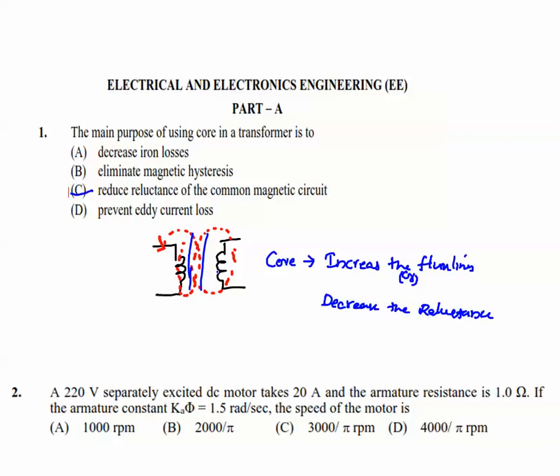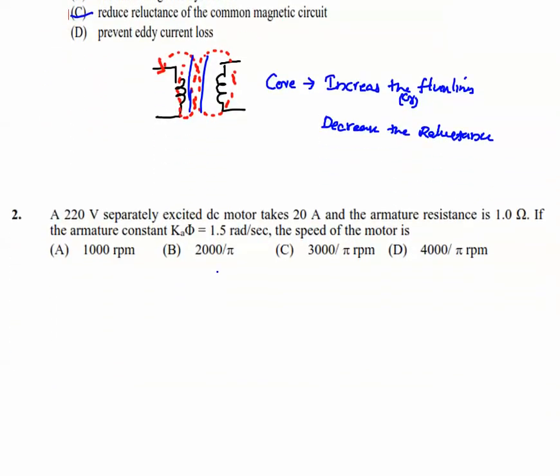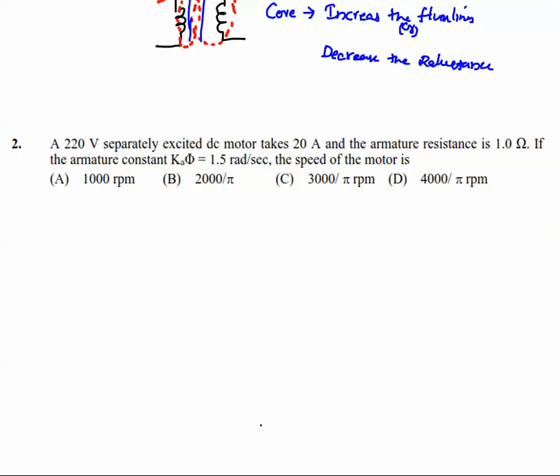And the next question is: a 220 volts separately excited DC motor takes 20 amps current and has an armature resistance of 1.0 ohms.